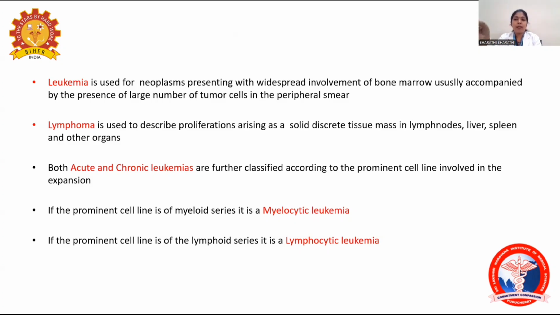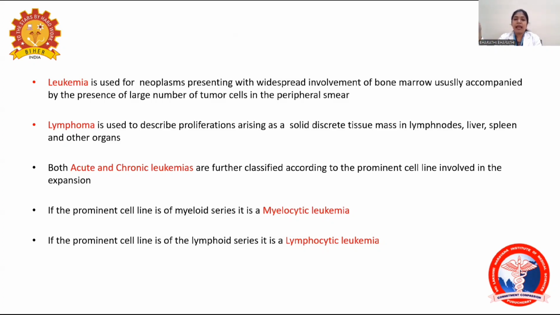Leukemia is a neoplasm which arises in the bone marrow, and you can see a large number of tumor cells in the peripheral smear. Whereas lymphoma is used to describe proliferations arising as a discrete mass in organs like liver, spleen, lymph nodes, etc. Both acute and chronic leukemias are further classified according to the prominent cell line involved in the expansion.